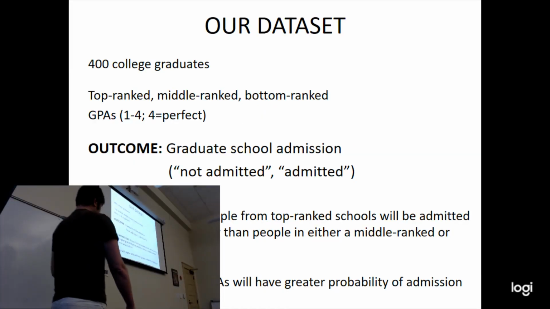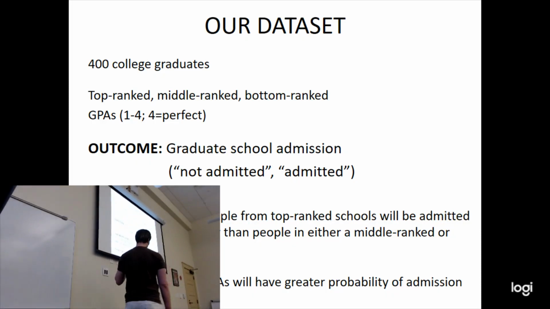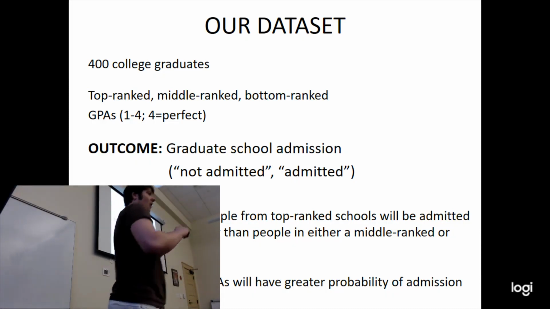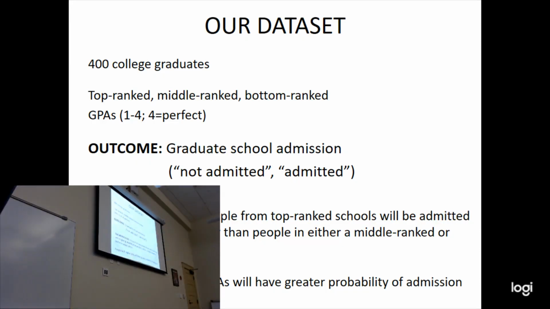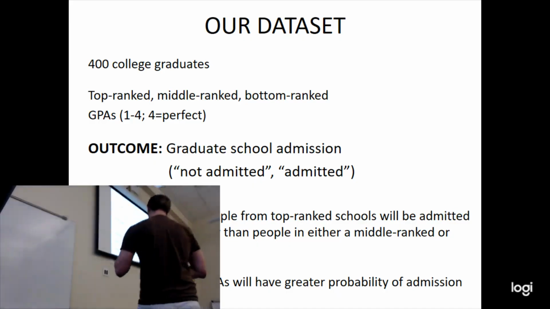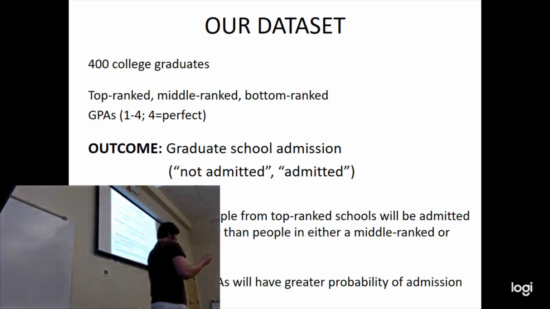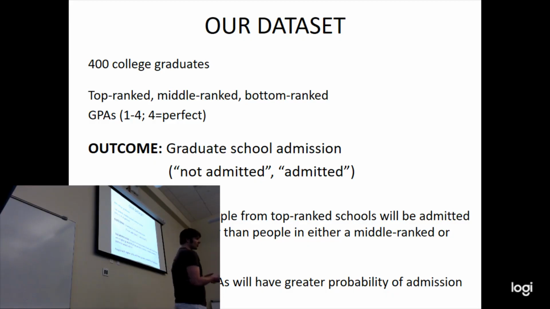One difference in the model that we'll consider just a bit is we're working with two variables. One is this rank variable, top rank schools, middle rank schools, bottom rank schools, and the other one is GPA. We've looked at models with both these variables separately. Now we're going to be considering them together.